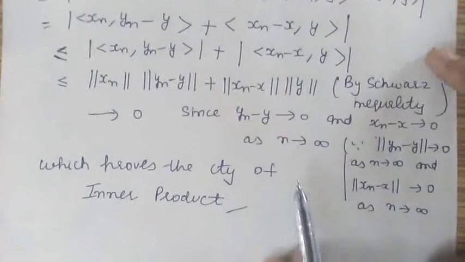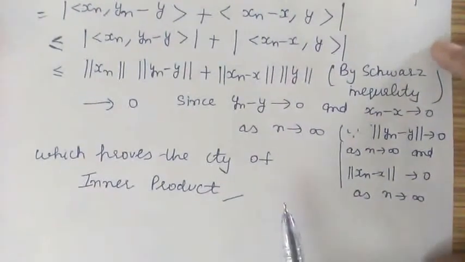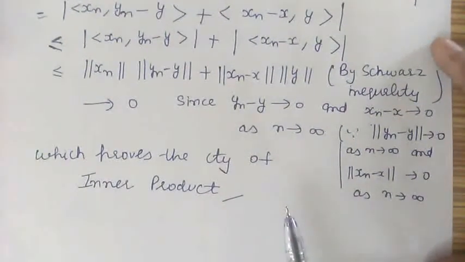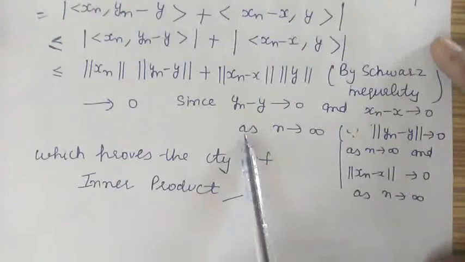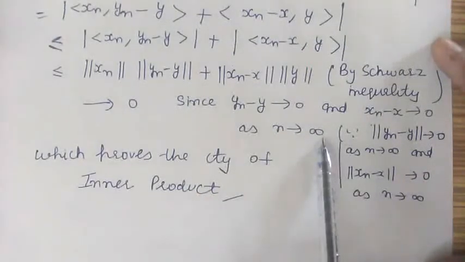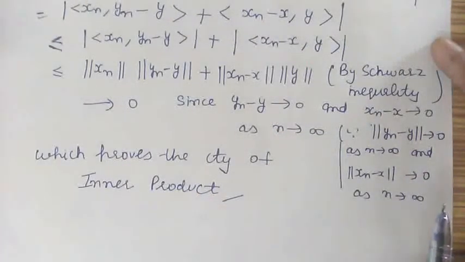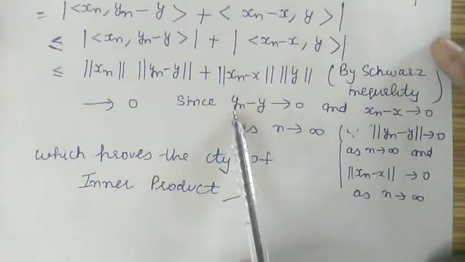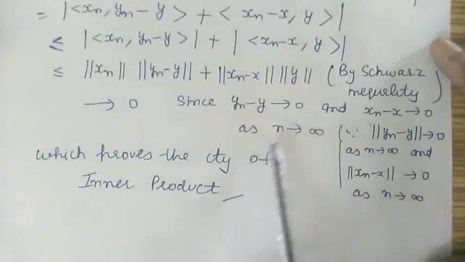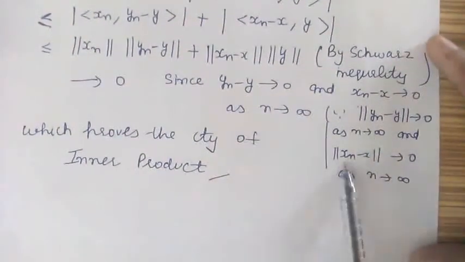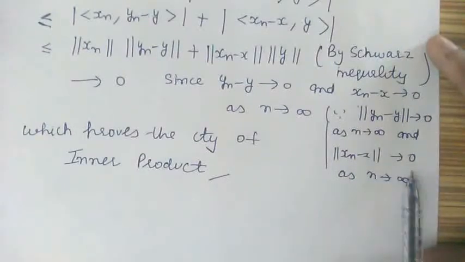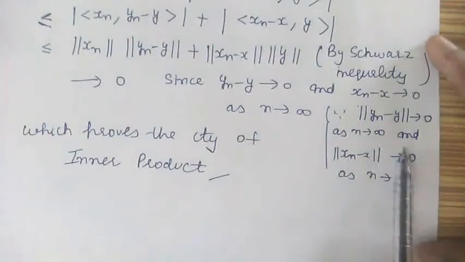Now because we are given that the sequences xn and yn are convergent, xn converging to x means xn minus x approaches 0 as n approaches infinity. Also the sequence yn converges to y, meaning yn minus y approaches 0 as n approaches infinity. So we can say that ||yn − y|| and ||xn − x|| approach 0 as n approaches infinity.